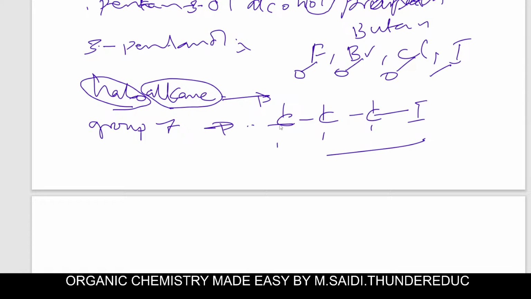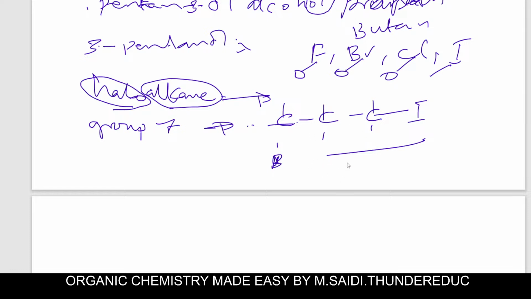So if I have iodine here, on carbon 1, 2, 3, don't forget, you don't stop there. It's an alkane, prop, 1, 2, 3.